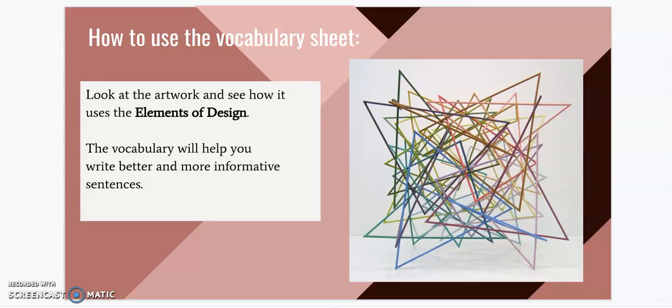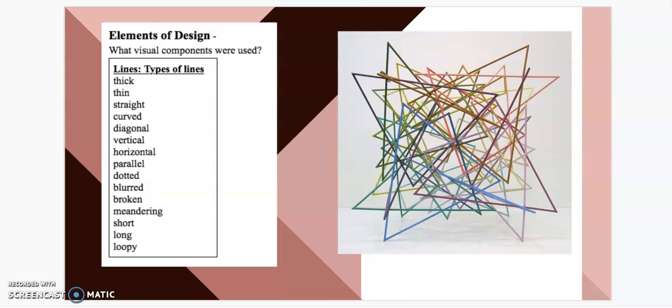So for example, we have this sculpture here. It's a three-dimensional sculpture. So if we look at the types of lines that are being used, I'm choosing lines because that is definitely a dominant element of design. When I'm looking at the list of adjectives here, definitely we see straight lines. Yes, there are pointy angles, but they're straight, right?